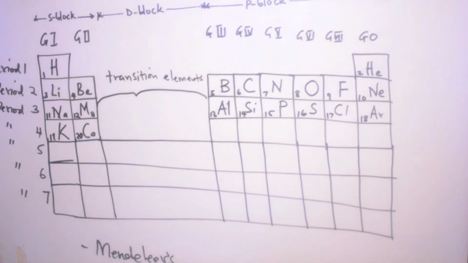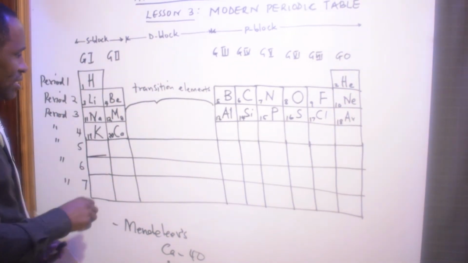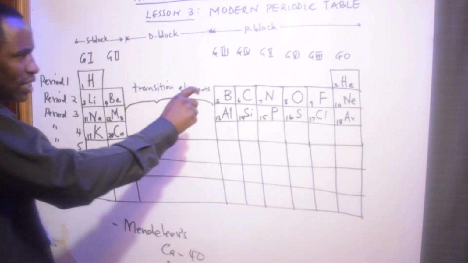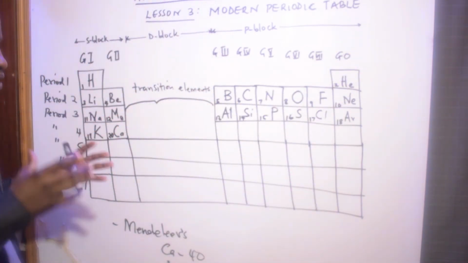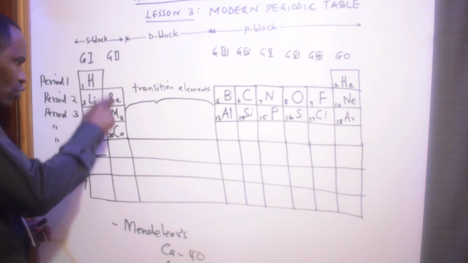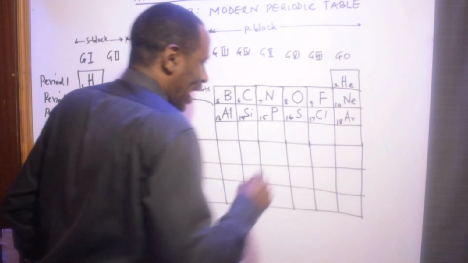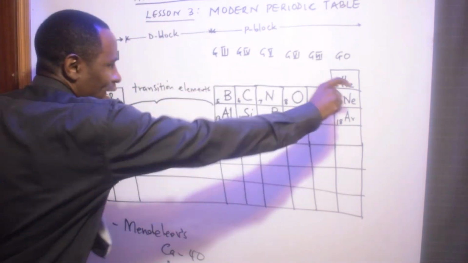Now, one of the things that I would like us to note is the similarities in the elements found in each of these groups. We need to understand what is so common in the elements in the same group, and the similarity in the elements in the same period.